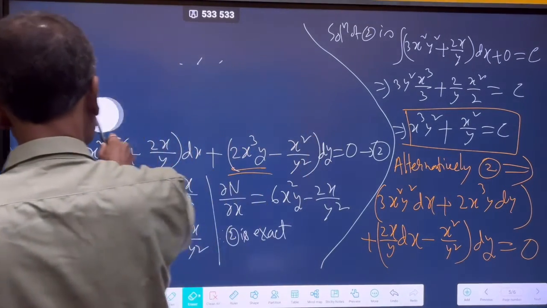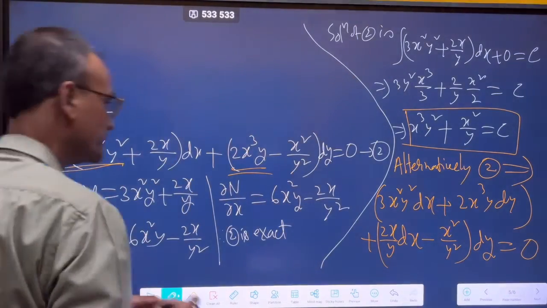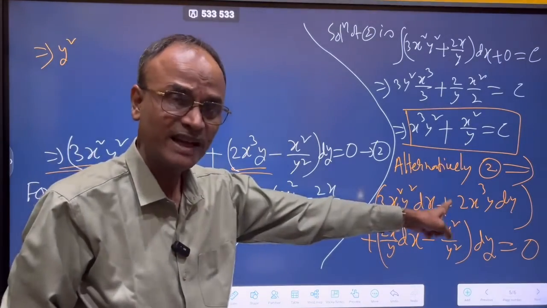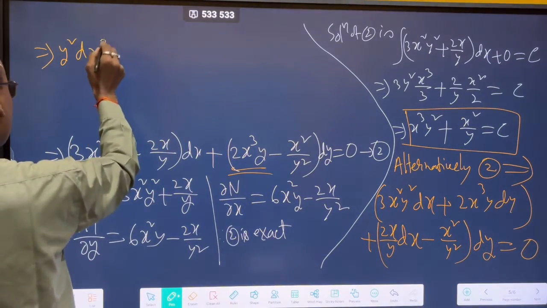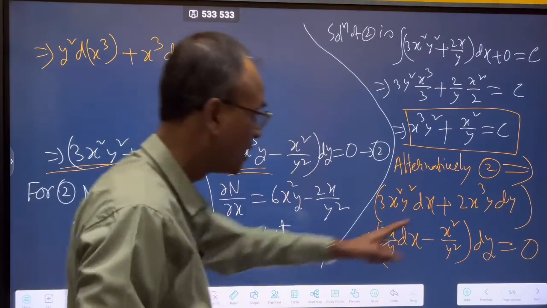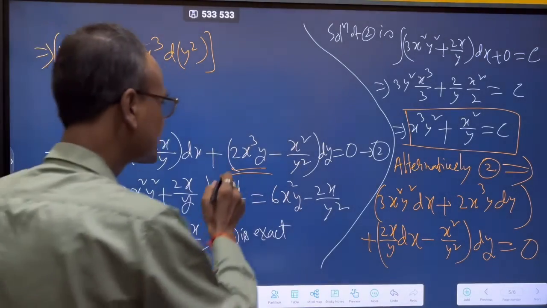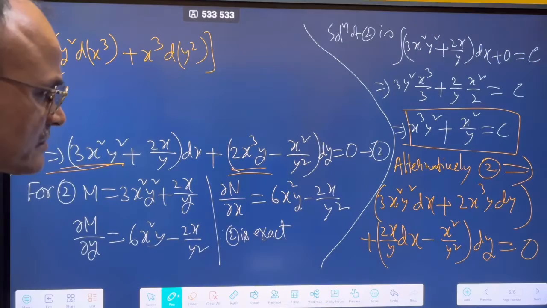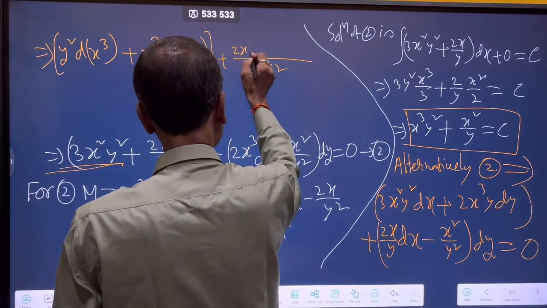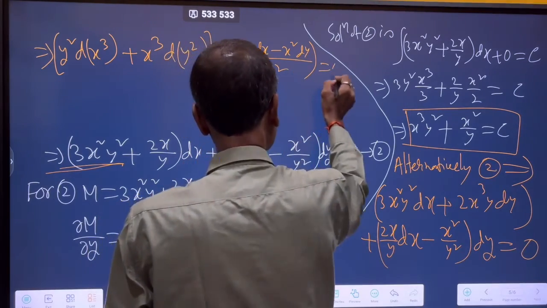Suppose this one. Next, this means you may write y square for thrice x square dx, d of x cube, plus x cube d of y square for twice y dy, plus twice xy dx minus x square dy divided by y square equal to 0.